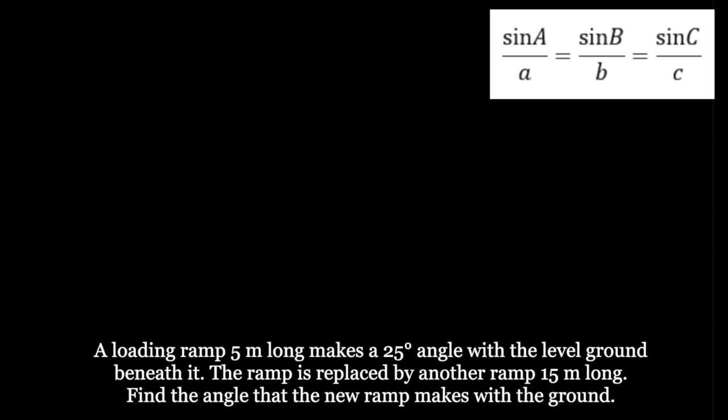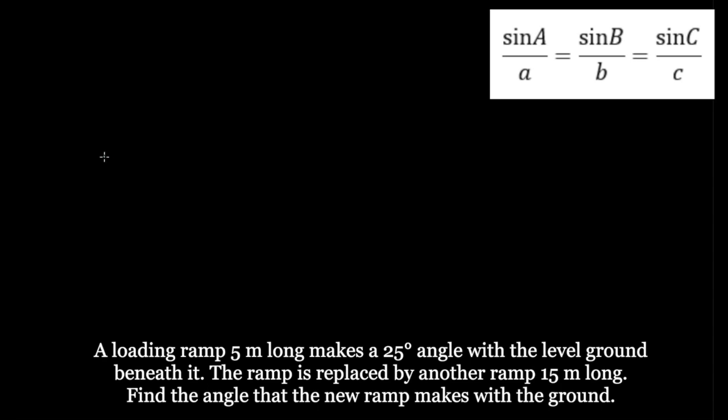Now let's solve our final problem. This is what the problem says. A loading ramp 5 meters long makes a 25-degree angle with a level ground beneath it. The ramp is replaced by another ramp, which is 15 meters long. Find the angle that the new ramp makes with the ground. Let's start off by drawing a model.